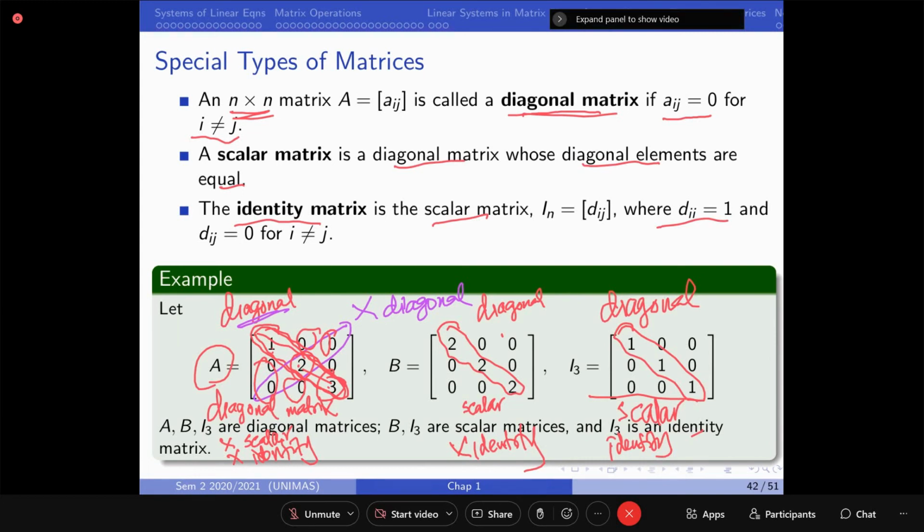Another thing you need to note is that the way we write the identity matrix is I_N, where N is the size of the matrix. I3 means 3 by 3. I4 is 4 by 4. I2 is a 2 by 2 matrix.